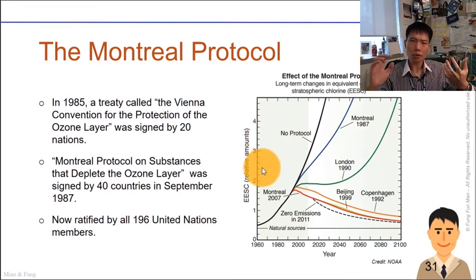Therefore, the Vienna Convention that happened in 1985 and the Montreal Protocol that was signed were ratified by 196 nations and the European Union, making this the first universally ratified treaty in the history of the United Nations.